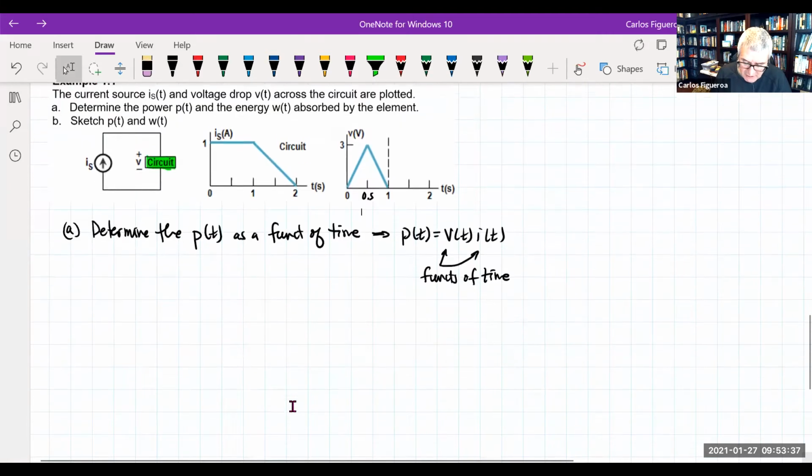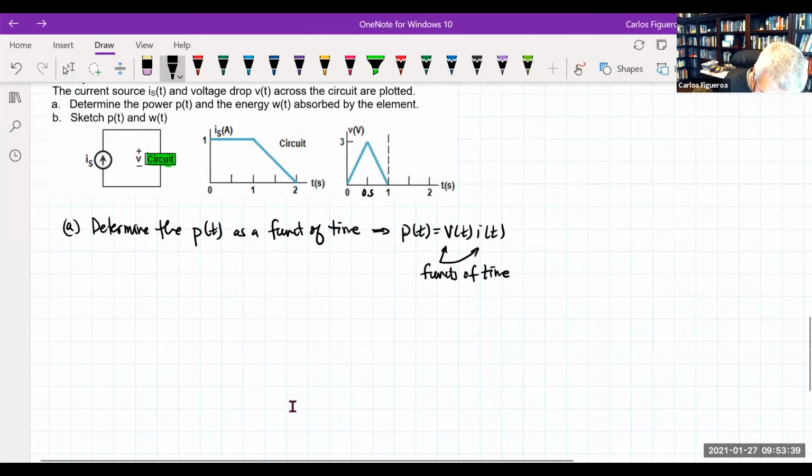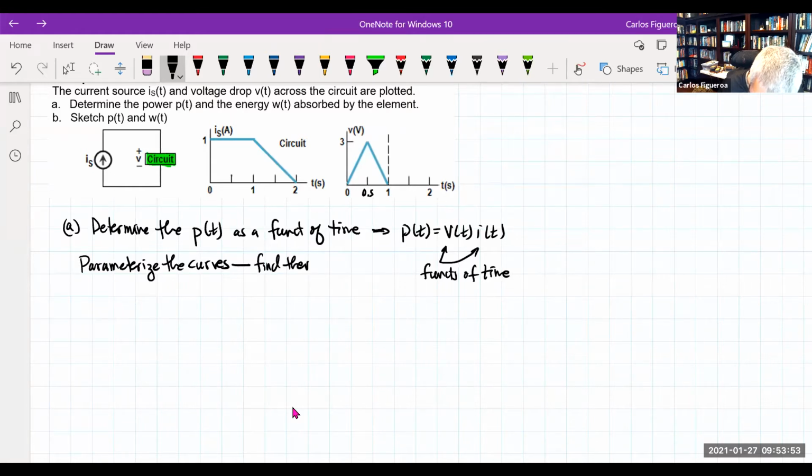So the first thing that I got to do here in order to get the voltage and the current, what do I got to do? I have to parameterize the curves. In other words, find their equations.